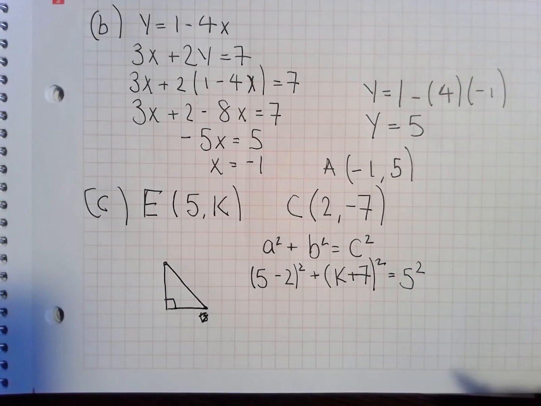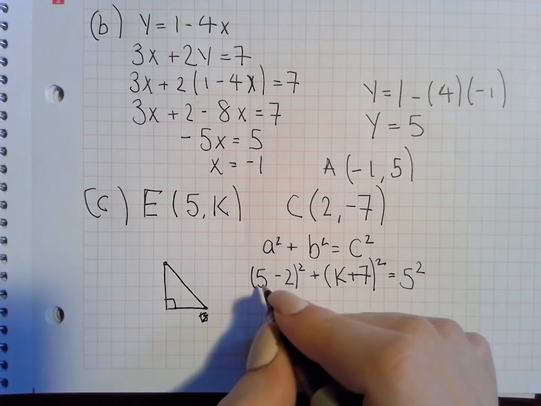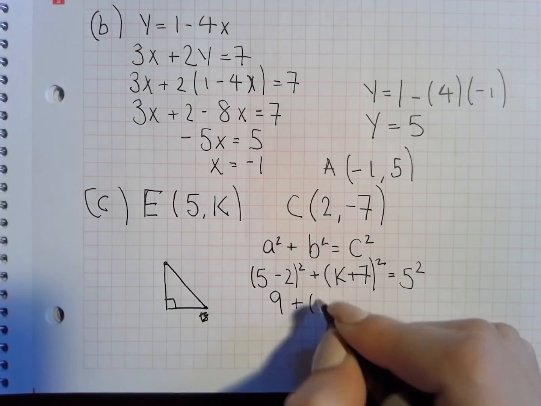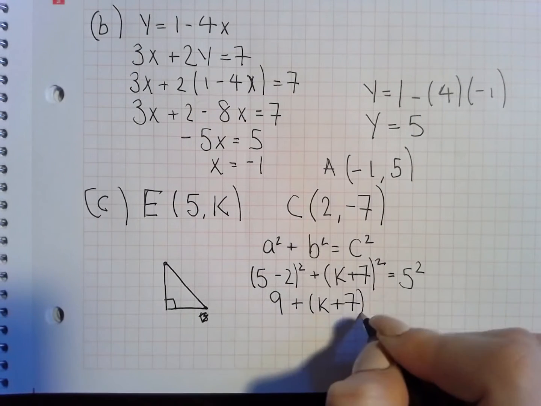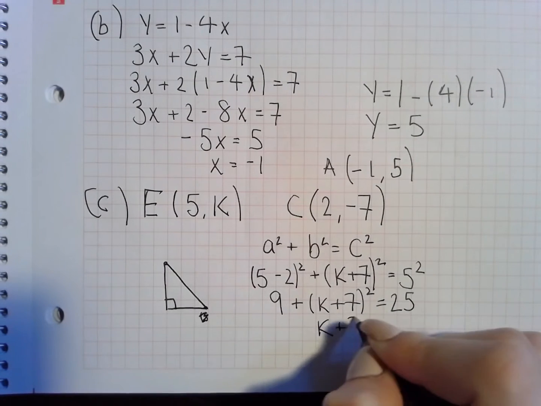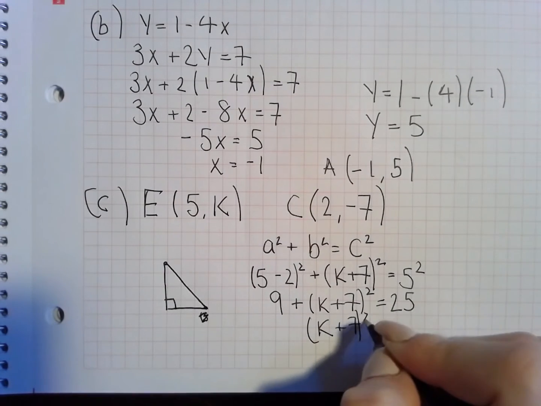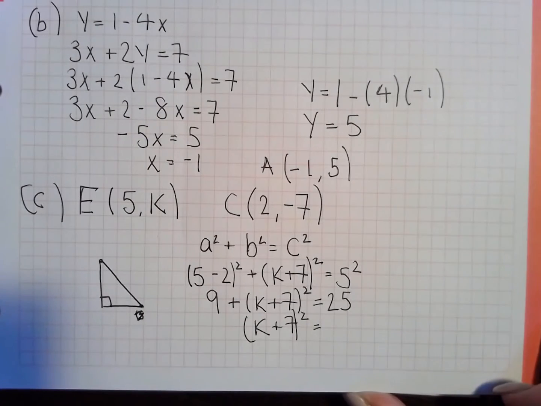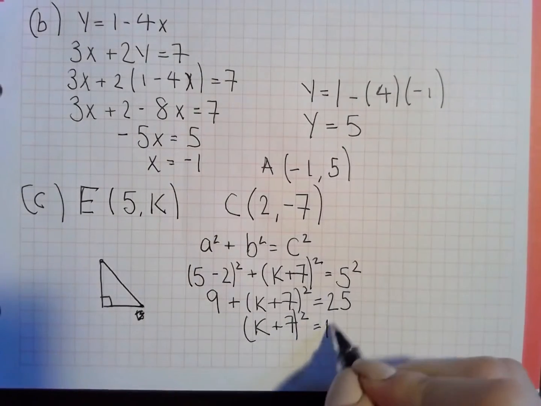Okay? So if you multiply all of this out, 3 squared is 9, plus K plus 7 squared equals 25. K plus 7 squared equals 25 minus 9, which is 16.